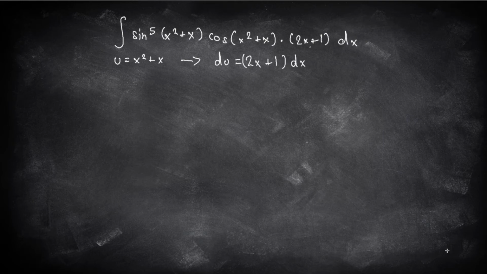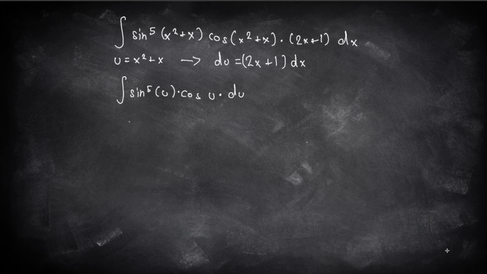We leave behind dx. Well, that's there. So sine to the power 5, that's a u, and then cosine of u, and then this simplifies to du. So everything's in terms of u.